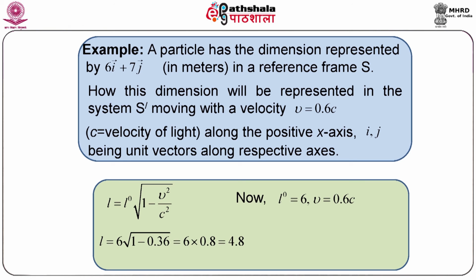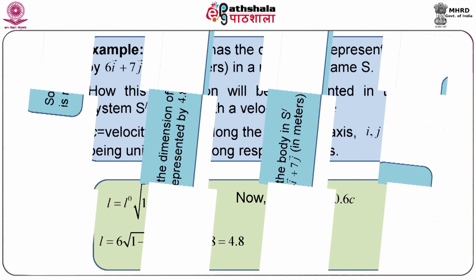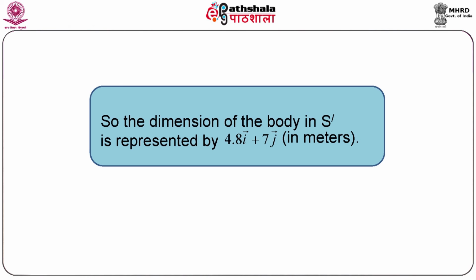After simple calculation, we get L equal to 4.8. Please note that L0 is 6, but L is 4.8. So length is contracted. So the dimension of the body in frame S dash is represented by 4.8 i plus 7 j vector.